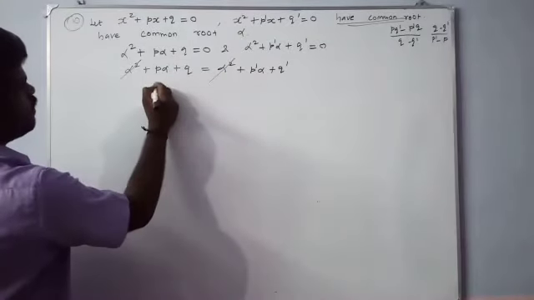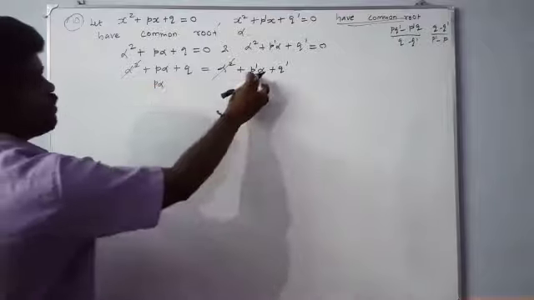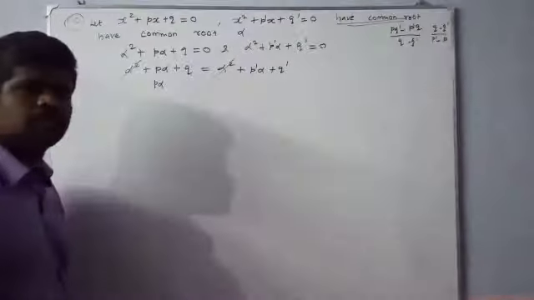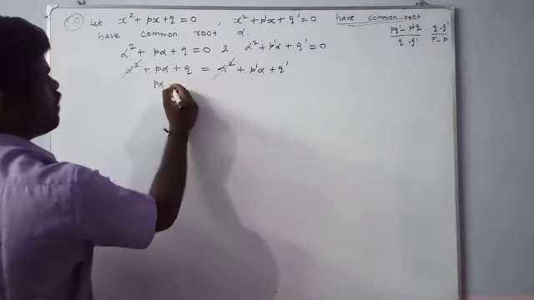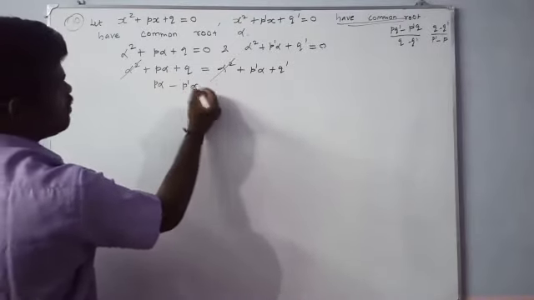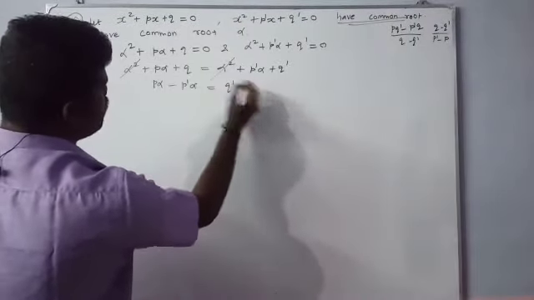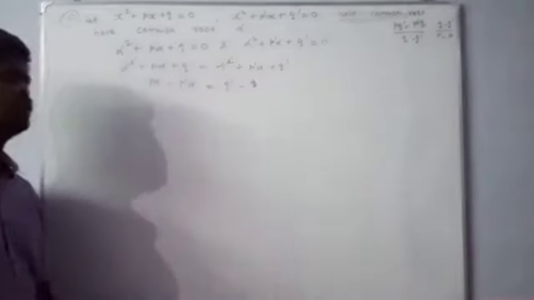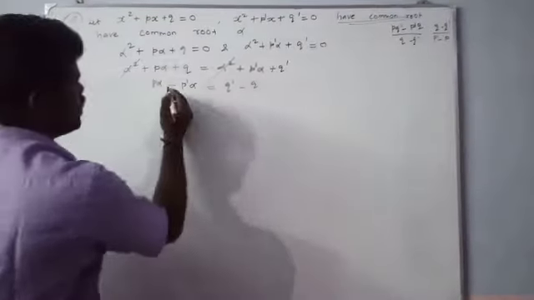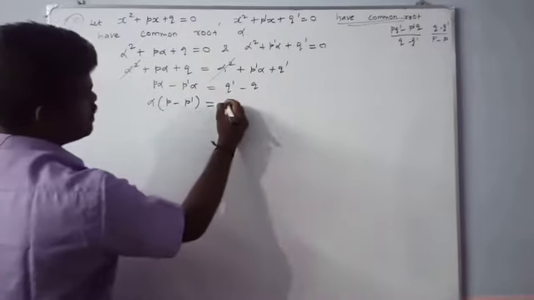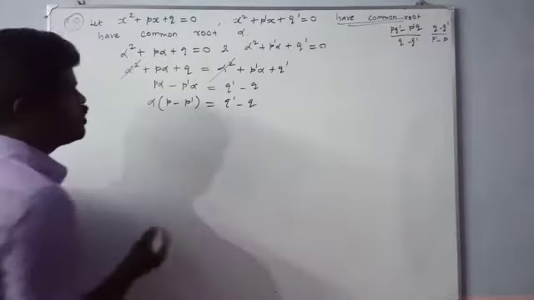Separate alpha to the LHS side, and the constant term to the RHS side. P alpha minus p dash alpha, this p dash alpha will come to this side, and q dash minus q. Here alpha times (p minus p dash) is equal to q dash minus q.